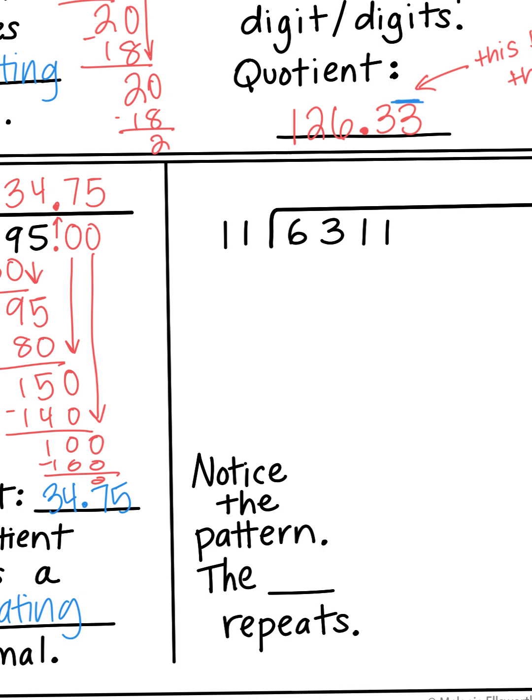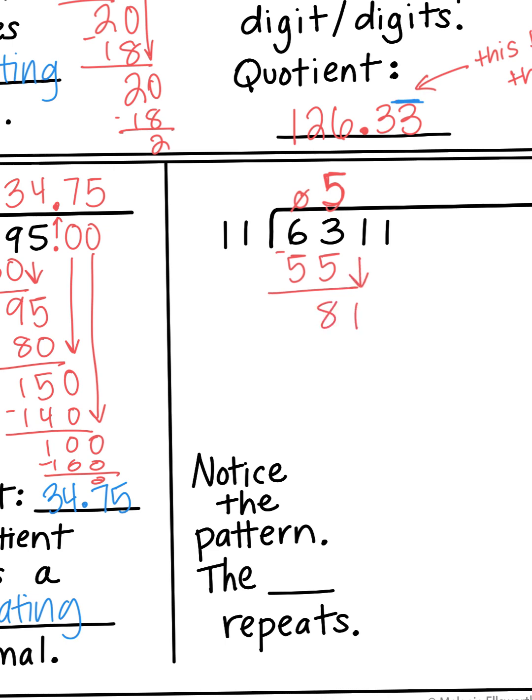Okay, now we don't know what this one is yet. We have an example of a terminating. We have an example of a repeating. Now we're going to do this one and see what it gives us. Okay, 11 goes into 6 no times, but it goes into 63 5 times. Because 11 times 5 is 55. I subtract and I have 8 left over.